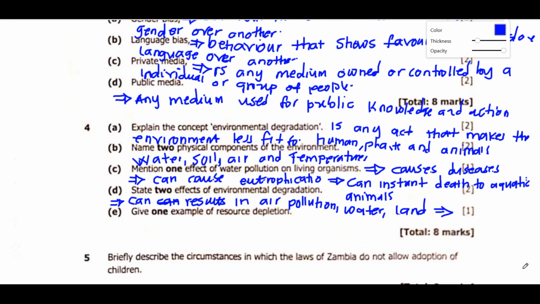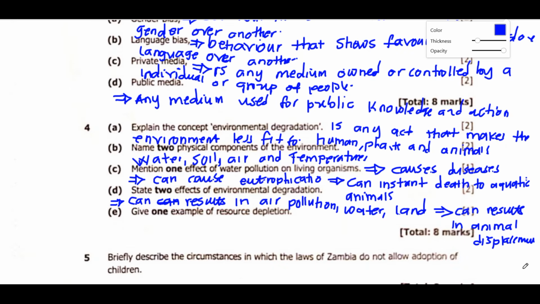The second one, it can result in animal displacement. Animal displacement is where the animals shift to another area because the land or area where they were living has been destroyed. They need to shift and look for an area that is healthy.